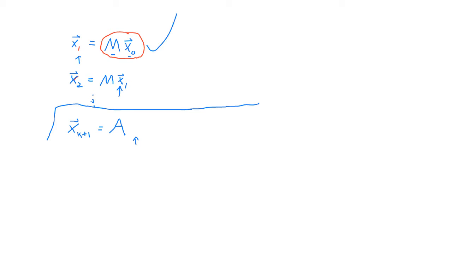I'm seeing a pattern here. Yeah, it's a migration matrix M, but that's a matrix, right? Let me ask you, x sub 3 would equal M times x sub 2, right? And that's right, Lewis. So x sub k plus 1 would equal A times x sub k. And that's for k equals 0, 1, 2, and so forth.